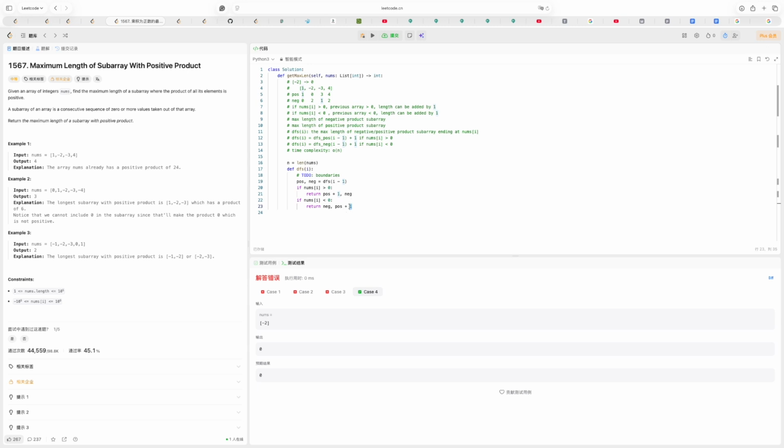For this, the positive thing I cannot add 1 to, it's okay. So if it is negative, then its positive length will be the previous negative, and its positive value will be the positive plus 1. Okay, this is correct.